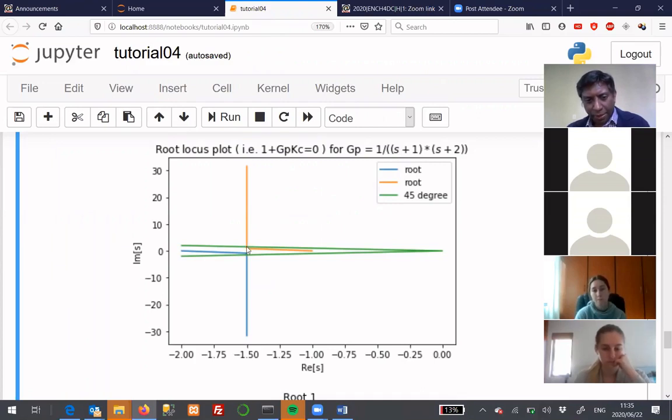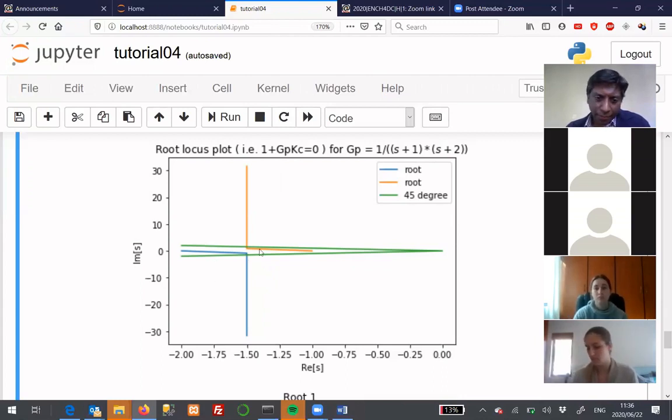So where I intersect with this 45-degree line, I know it doesn't look like a 45-degree line. That's just because of the scale here: this is 0 to 30, and this is 0 to 2. So those green lines look flat, but they are actually 45-degree lines.